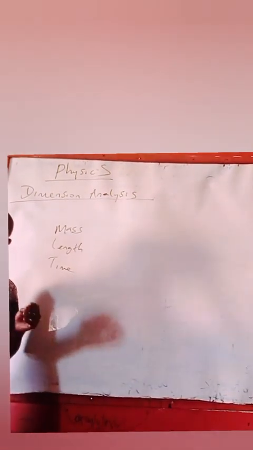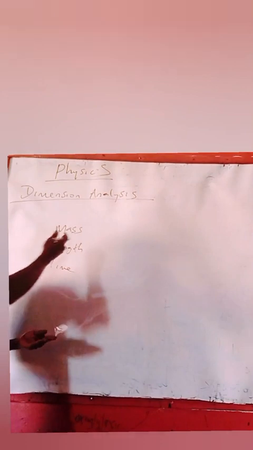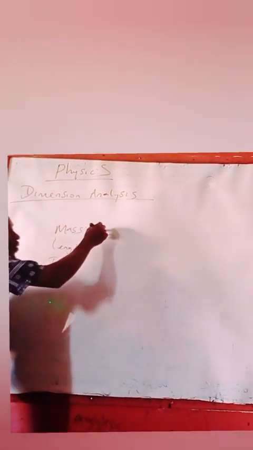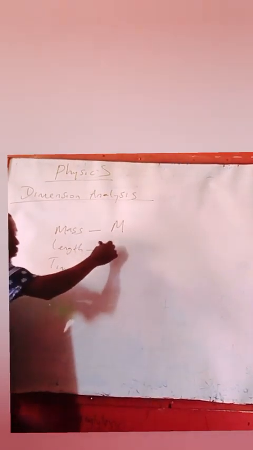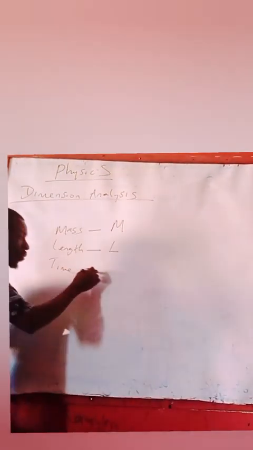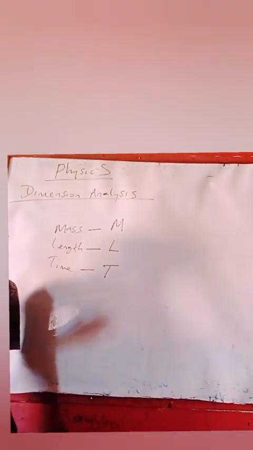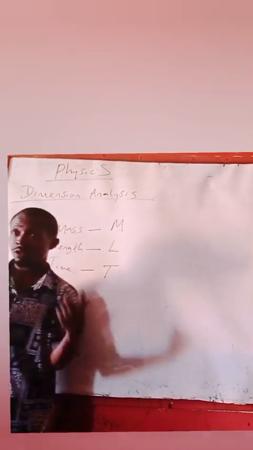to as dimension analysis. In dimension analysis, mass is represented as M, capital M. Length is represented as L. Time is represented as T, capital T. What is the implication of this?